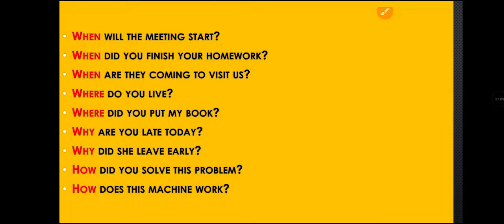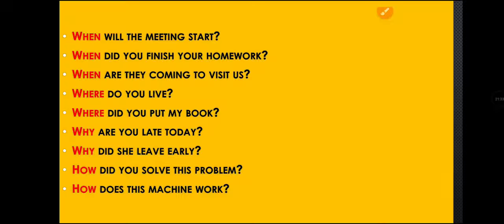In the next example, why are you late today? Here they are not telling us about an action, but instead they are telling us about the word late, that is, they are modifying late. In the next example, why did she leave early? Here why is modifying the verb leave. In the next example, how is modifying the verb solve.